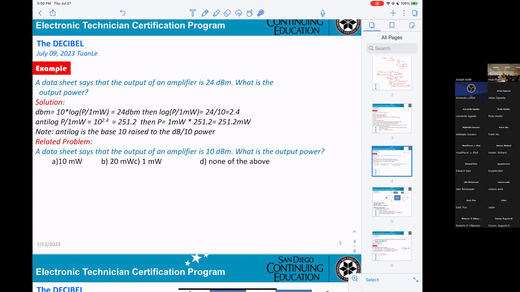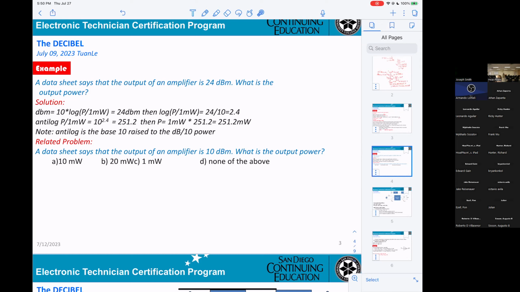You mean 251.1886? 251.2. Okay. Then you can say P over 1 milliwatt equals 251.2. That tells you P equals 1 milliwatt times 251.2, which is 251.2 milliwatt. Note, the anti-log is base 10 raised to dB over 10.